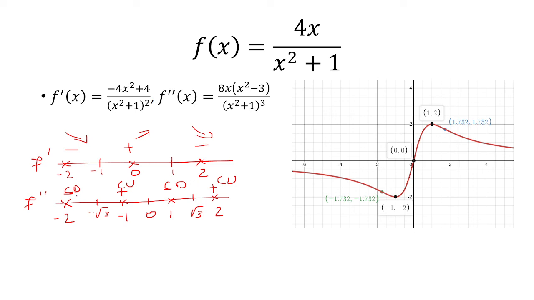And over here, we're concave down up to negative root 3. At negative root 3, we switch to concave up. And then at 0, we go back to concave down. So over here, it's concave down, then we reach concave up, then 0, a point of inflection, is concave down. And then at root 3, it starts to be concave up. So this is our graph.